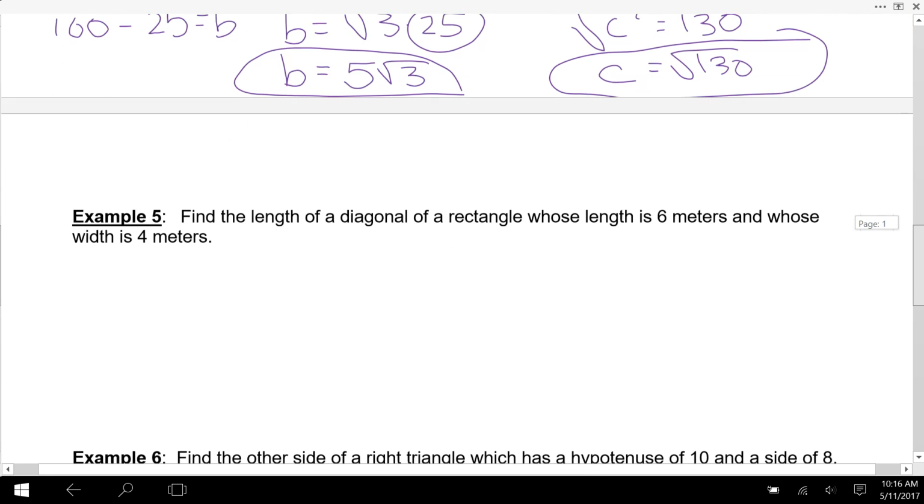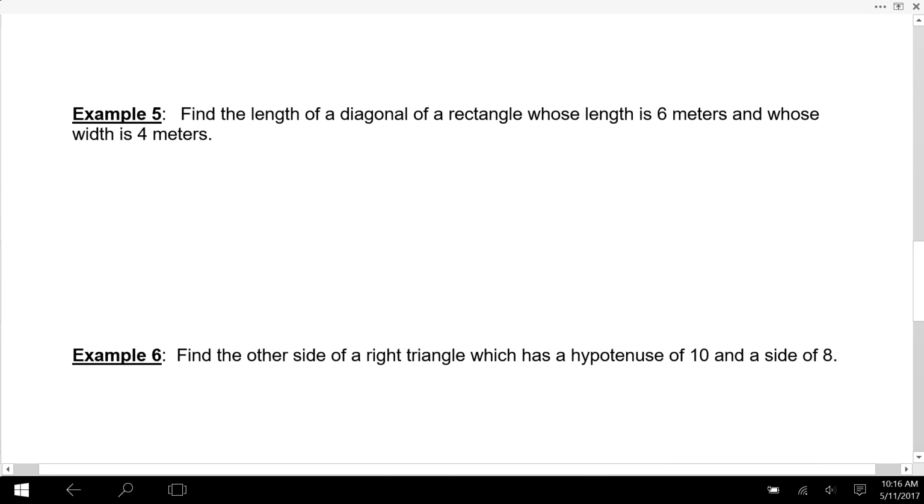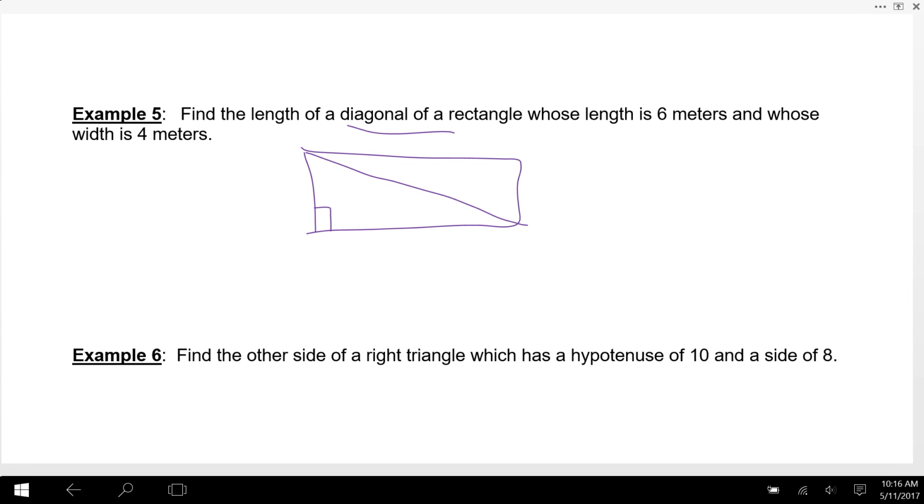Okay, number 5. So I'm looking for a diagonal of a rectangle. So here's my rectangle, here's my diagonal, there's my right angle, here's my side, and my hypotenuse.